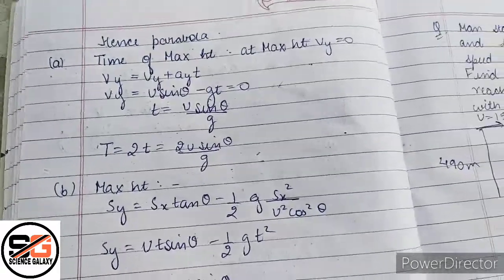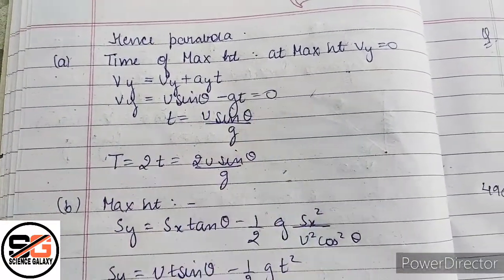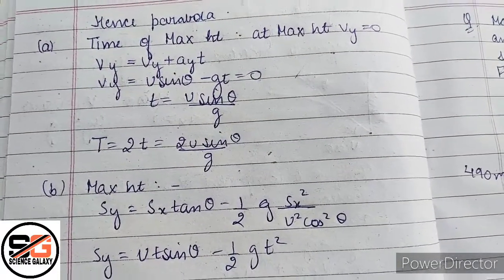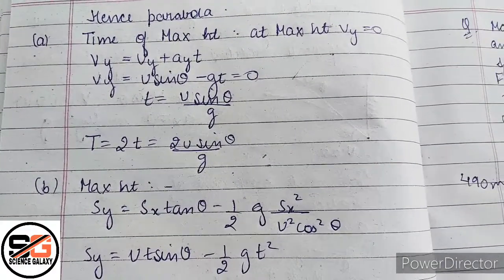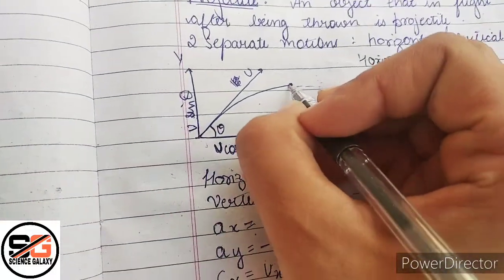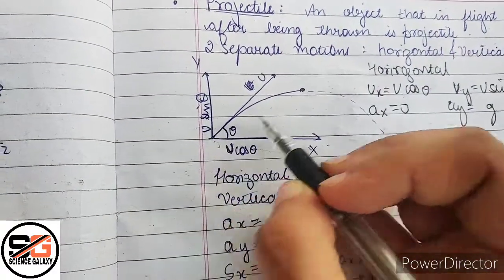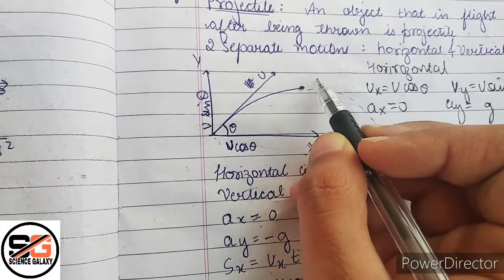Now let's find the maximum height for the parabolic path. What would be the maximum height? Maximum height would be this. Initial velocity would be u, but the final velocity here would be 0.